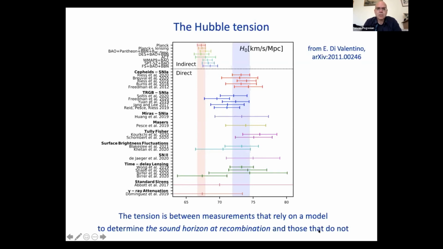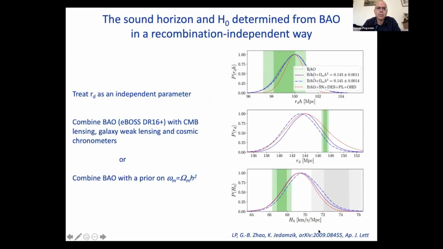So CMB certainly relies on a model of recombination, and BAO as well, because you need a model of recombination to calculate the standard ruler, the sound horizon at baryon decoupling. So what happens to the BAO if you don't use a model and treat this r_d parameter as an independent variable, but you use other data to help BAO constrain parameters, data that does not rely on recombination?